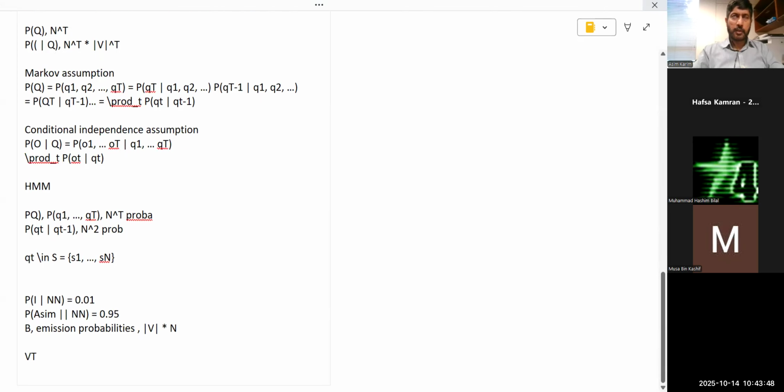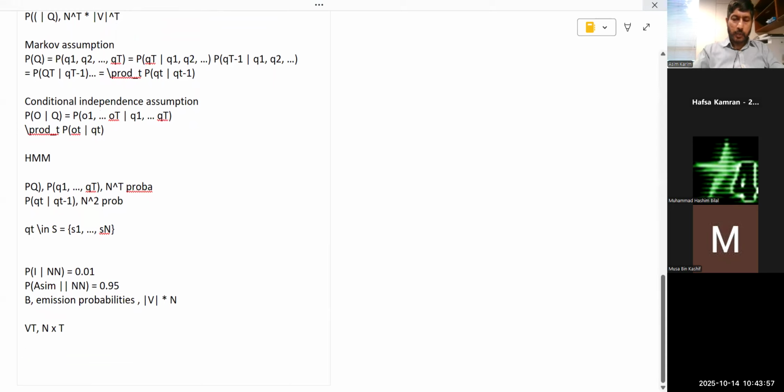So we said that we have this matrix V, which is of size n by T. At the start, you basically fill out the first column. Well, let me write the recursion first. In the recursion, we want to fill out the cell for the t-th column. So V_t(j) is a cell value at time t for some state j, meaning the j-th row and t-th column of the V matrix.